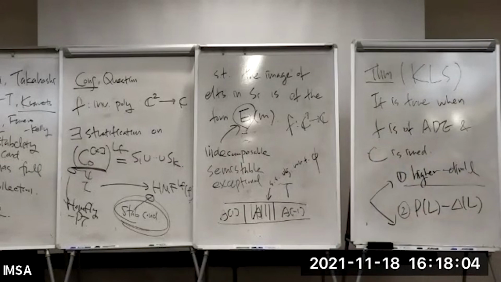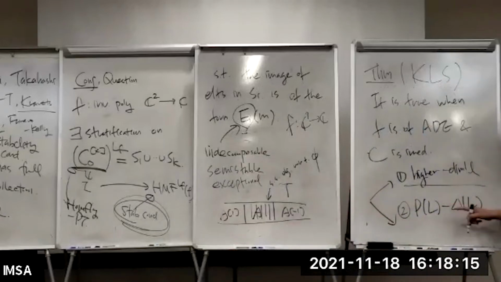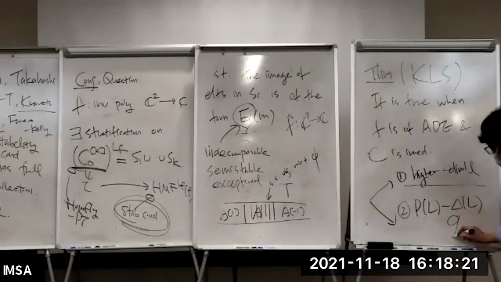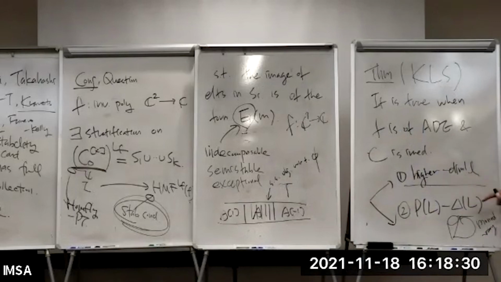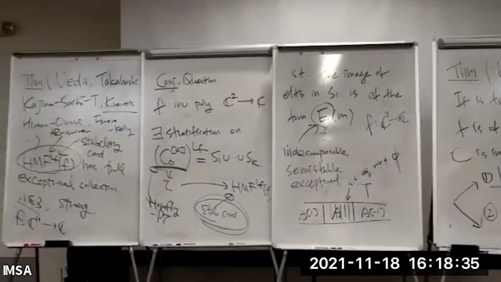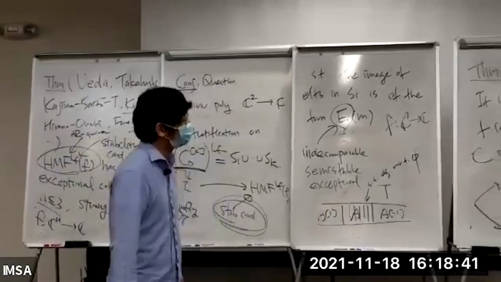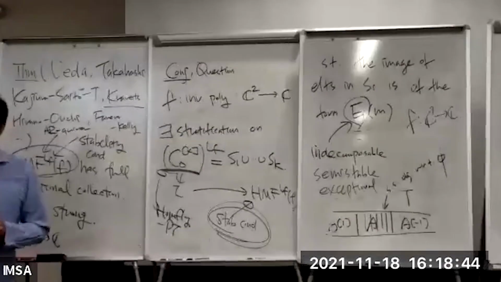I can reinterpret this difference in terms of matrix factorization, and by mirror symmetry, as a certain vanishing cycle with monodromy. But we checked this only for easy cases, so we hope this is true in much wider cases, but as I told you, we are at an early stage. Okay, thank you very much.